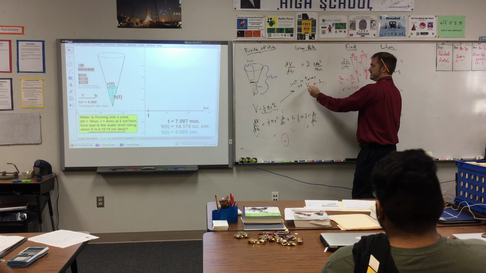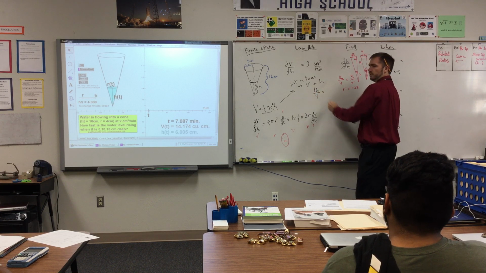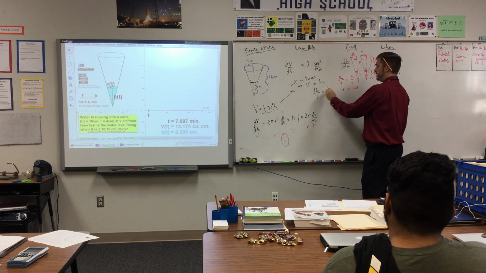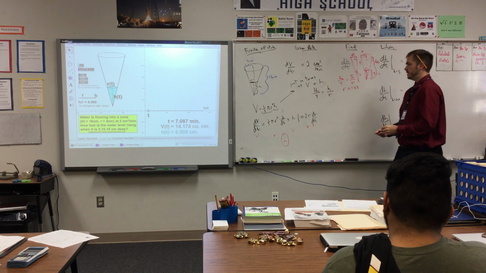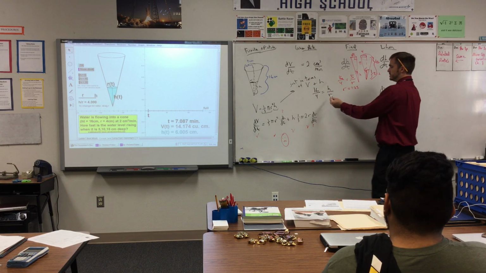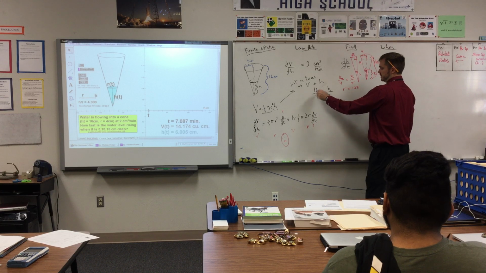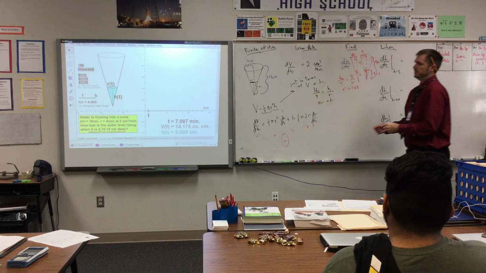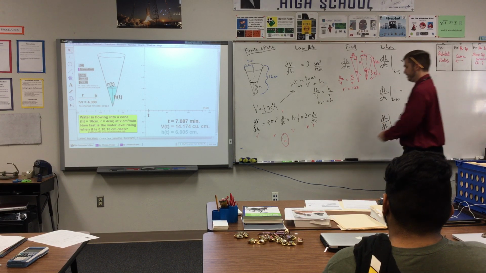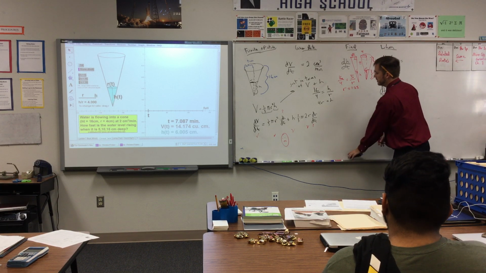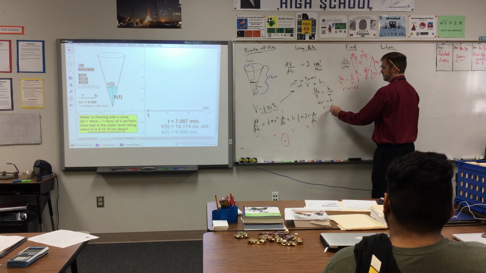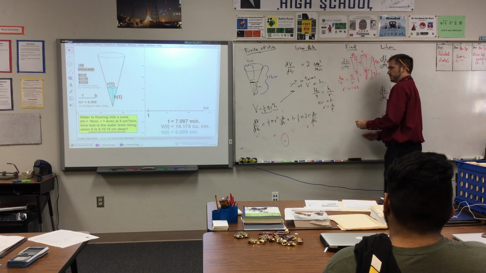So we found that 16 over 4 is equal to h over r. So therefore, h equals 4 times r. Actually, I think we want to say r equals h over 4.